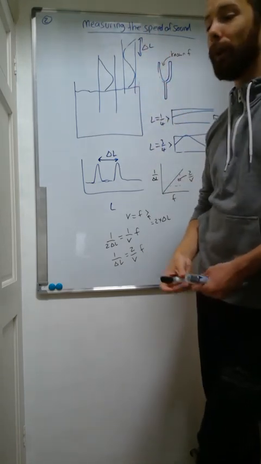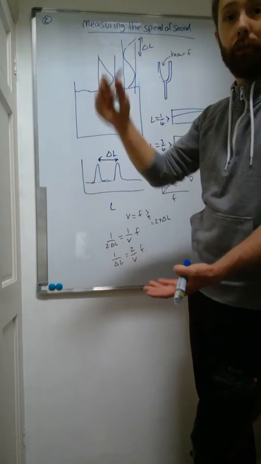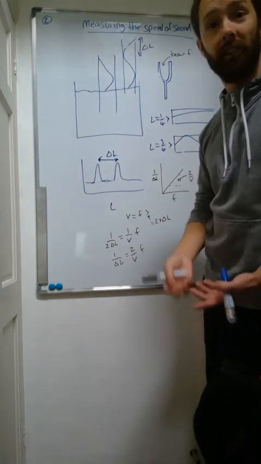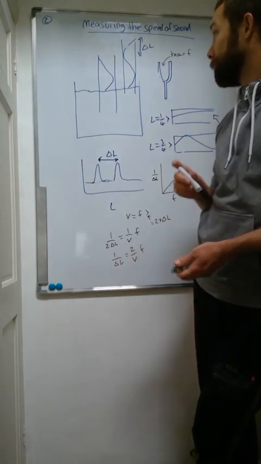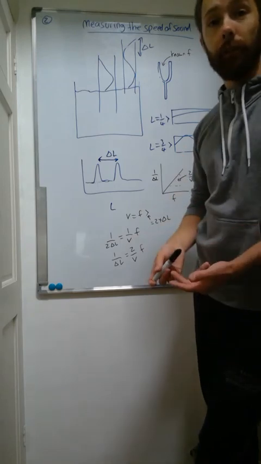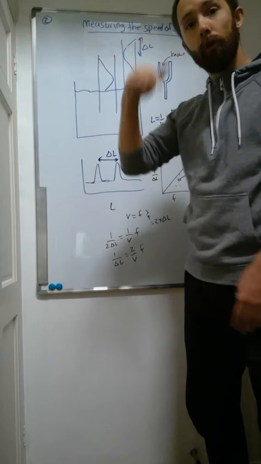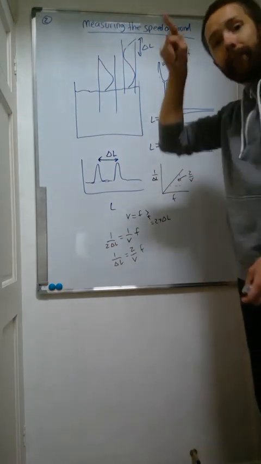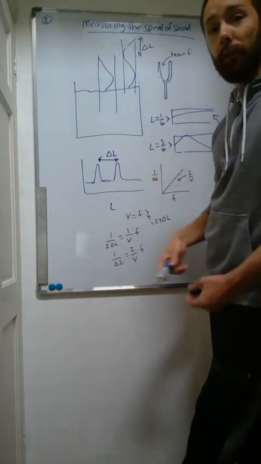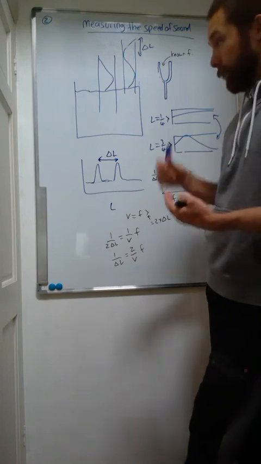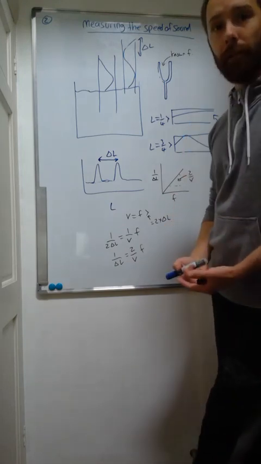It might be that you're limited by the size of the tube, and you can probably only get the fundamental in there, which means you're probably going to have to go for that first method. But if you've got a long tube where you can adjust the length enough to get multiple peaks in volume, then in terms of the physics, this method is going to be a superior method.